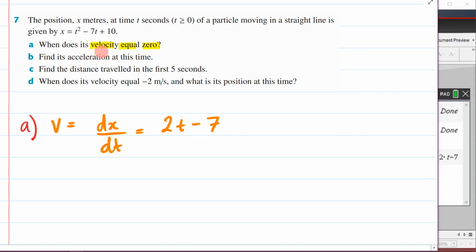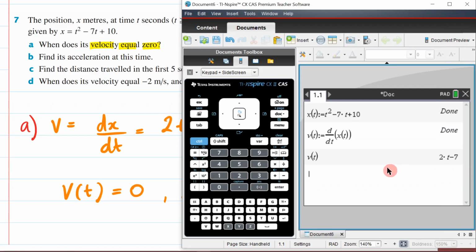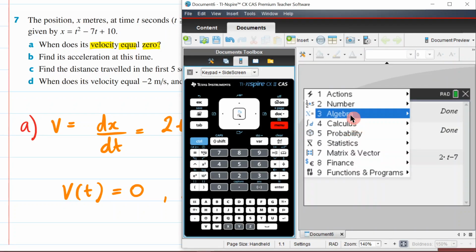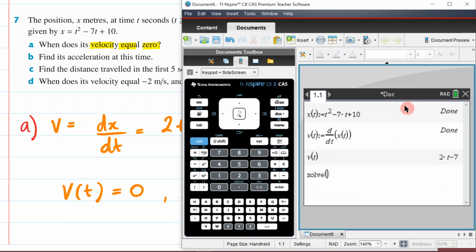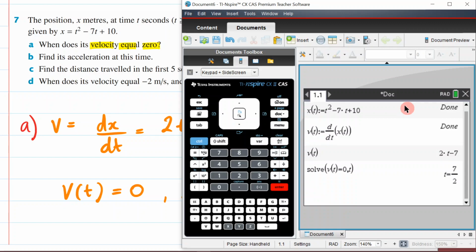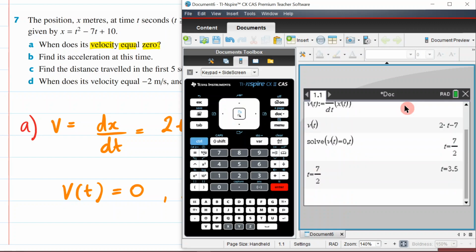Now it says, when does its velocity equal 0? So what I'm going to have to do now is take my velocity, set it equal to 0, and solve for t. I'm going to go menu, algebra, solve, v of t is equal to 0 for the t value, and I'm going to get 7 on 2, which is the same as 3.5.